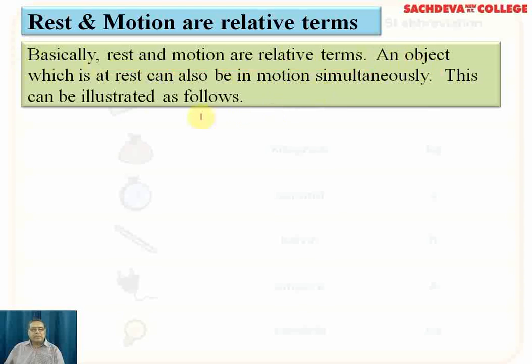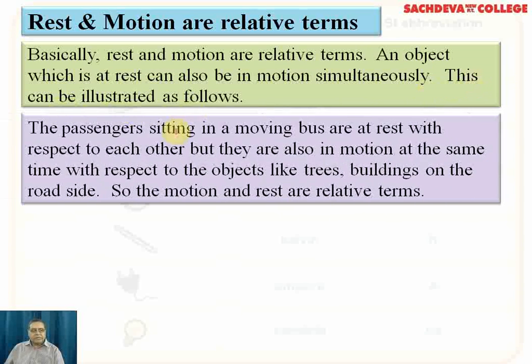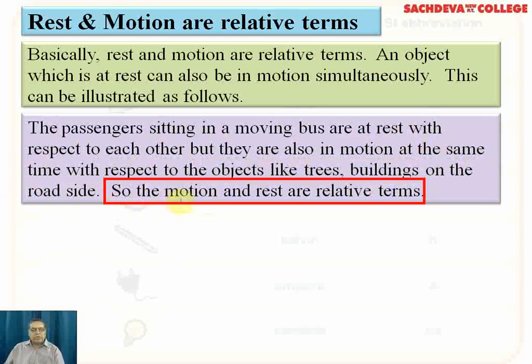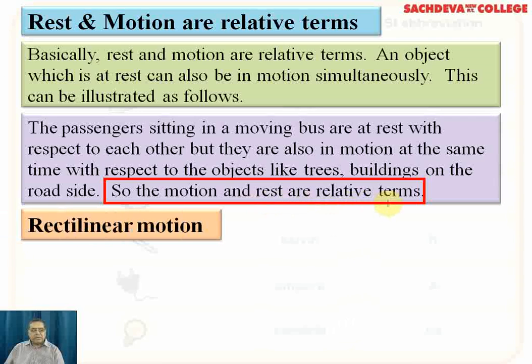An object which is at rest can also be in motion at the same time. The passengers sitting in a moving bus are at rest with respect to each other, but they are also in motion with respect to objects like trees and buildings on the roadside.